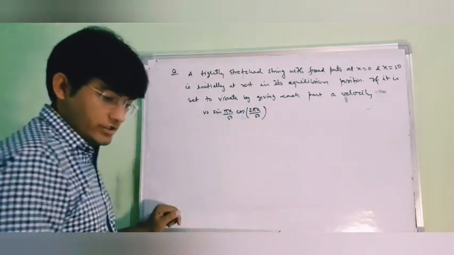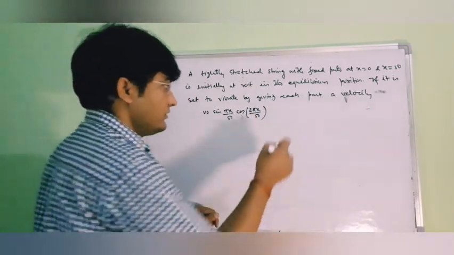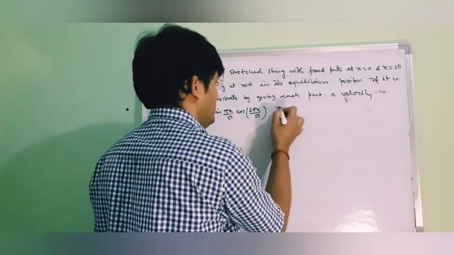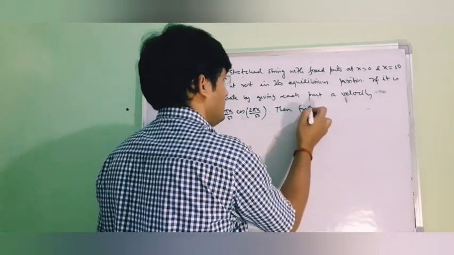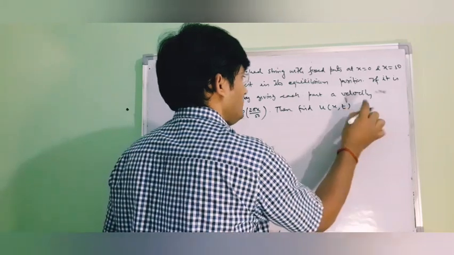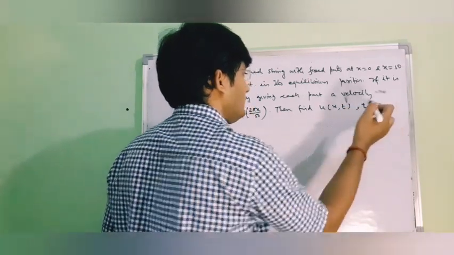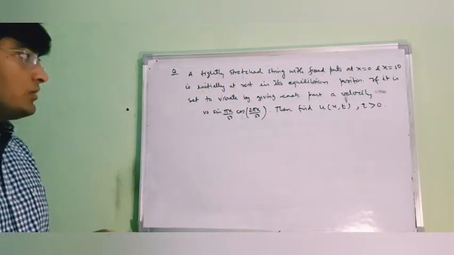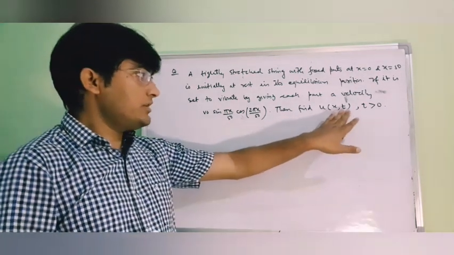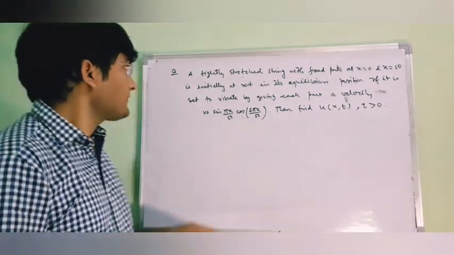So if this is your initial velocity, then find your displacement at any subsequent time t greater than 0.